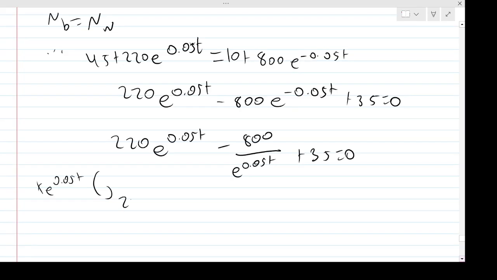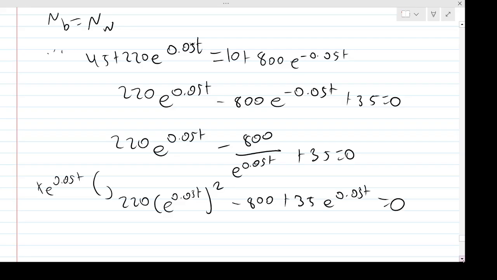So what I've got is 220 e to the 0.05t squared, right? Because I'm multiplying by itself, right? e to the 0.05t times again by itself, it's squared, right? And then minus 800, add 35 e to the 0.05t equals 0, right?